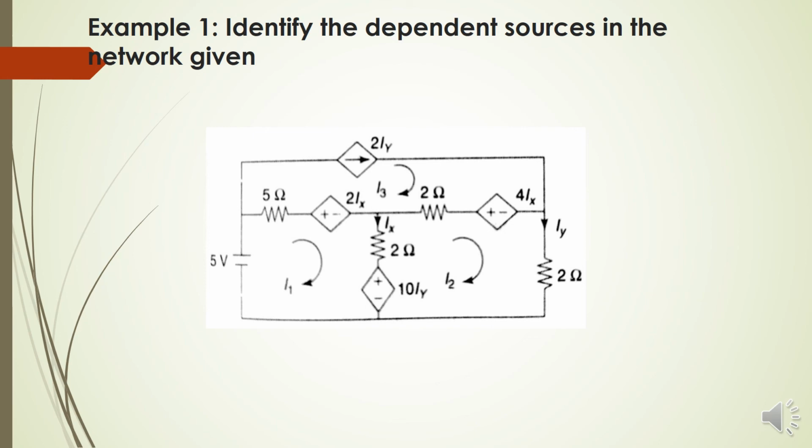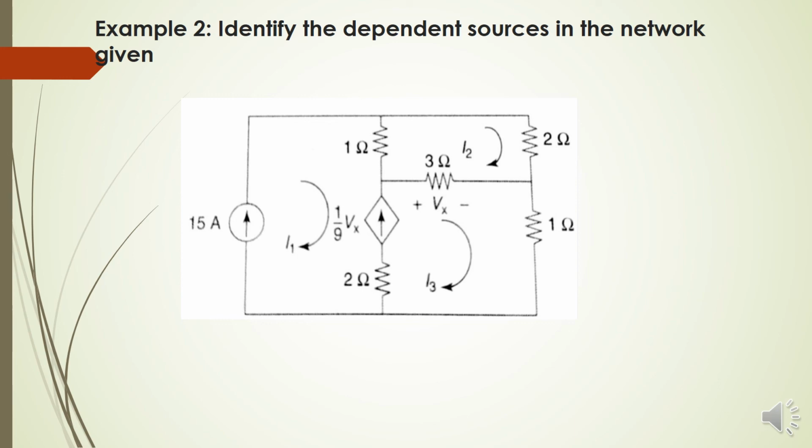When we switch to mesh 3, there is one diamond shape indicating the flow of current. So it is a current source, and its value depends on another current Iy. So this source is called a current controlled current source.